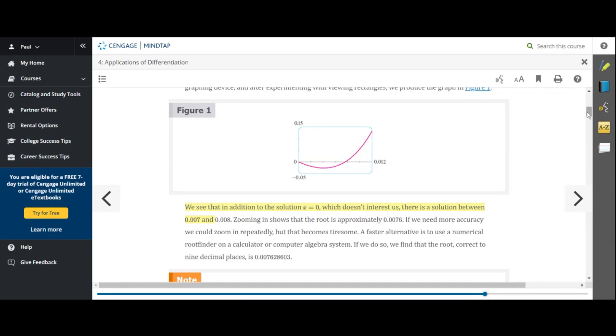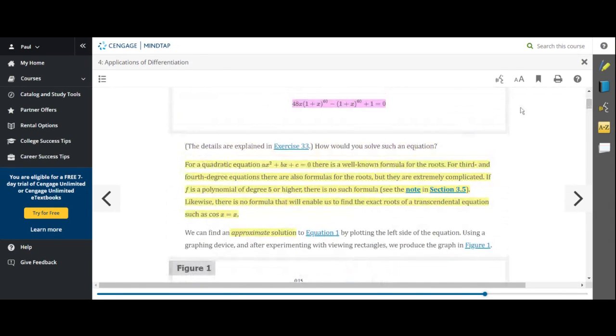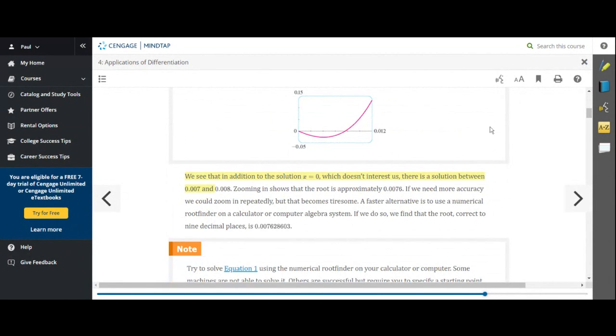You could plot the function 48x times (1 plus x)^60 minus (1 plus x)^60 plus 1, and then find where the function equals 0 by using your calculator.